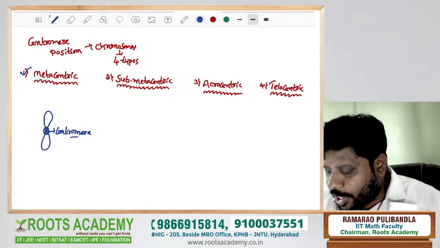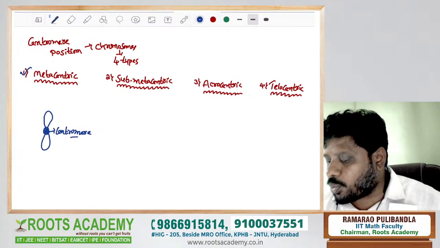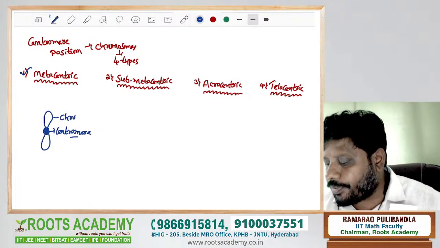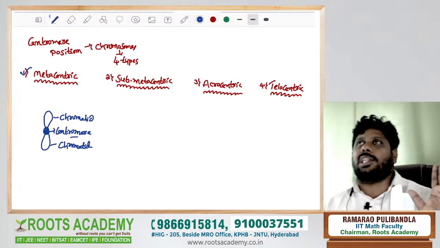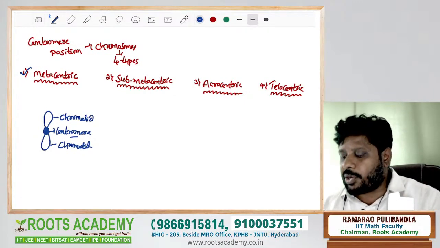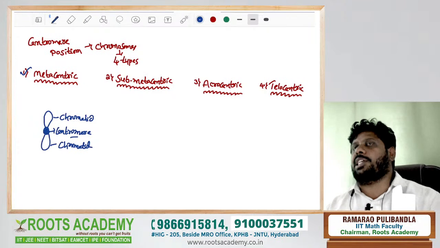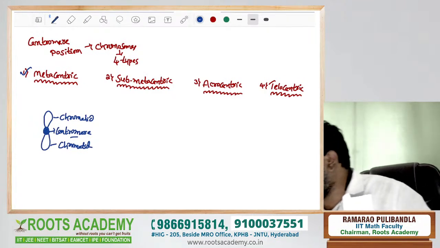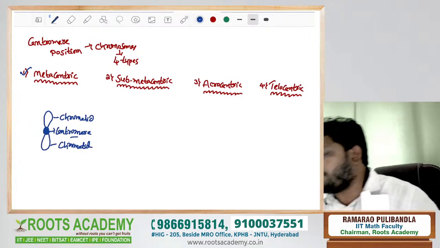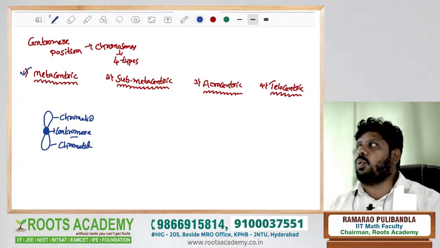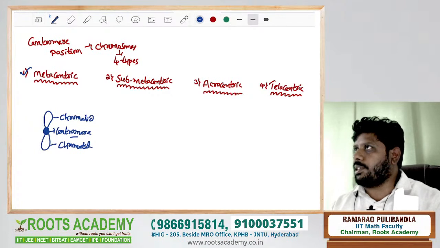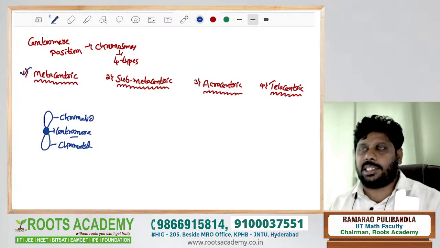Here the centromere is present in the center, that's why the 2 chromatids, this is one chromatid, this is the other chromatid, are both equal in size. Because the centromere is present in the center, the 2 chromatids are equal in size or length.